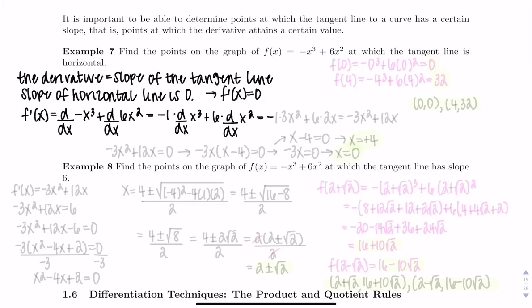So we end up with negative 1 times 3x squared plus 6 times 2x, or negative 3x squared plus 12x.